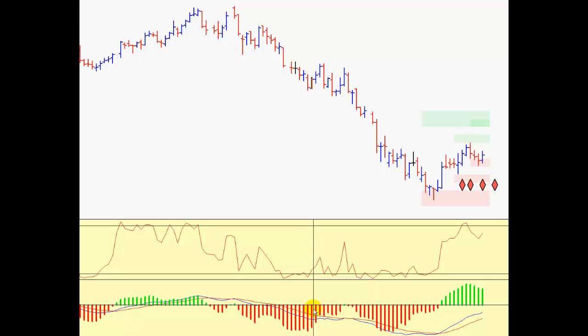But on a weekly chart, I can just go for my inverted peaks and my peaks, as opposed to waiting for crossovers, because you'll miss a whole chunk of a trend waiting for the crossover on a weekly chart. So it's just a matter of understanding the strengths and weaknesses of your indicators and how to apply them to the different time frames. Well, I hope you've learned something from this video.